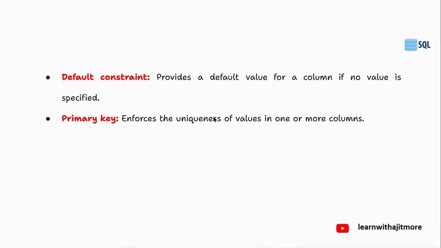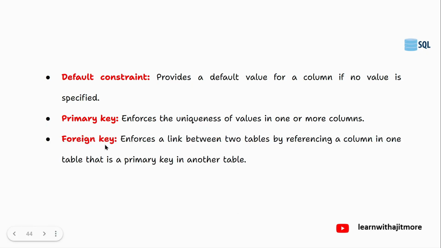So it enforces the uniqueness of values in one or more columns. And last is foreign key. Quickly about this, I've taken 5 minutes more, very sorry for that, but I'll complete this part and then we will stop. So what is a foreign key? A column in one table that refers to its values from the primary key of another table.